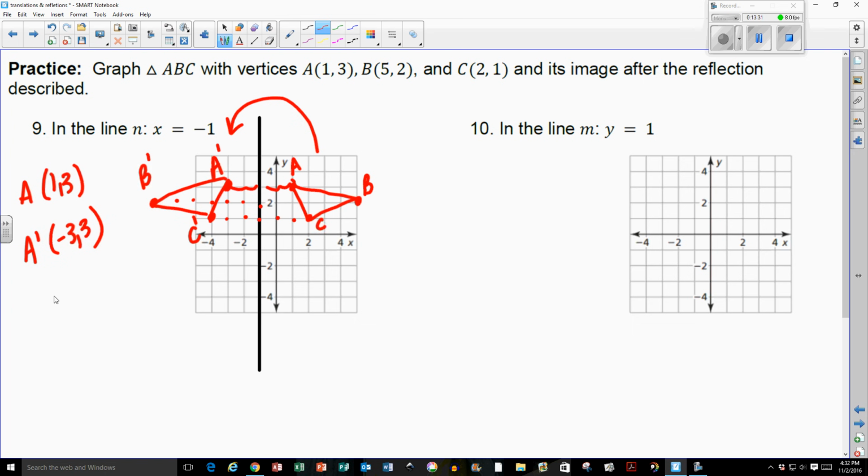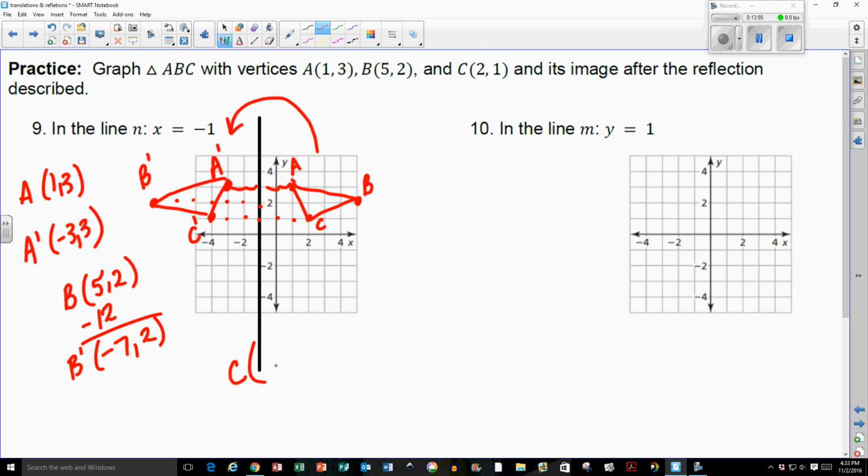So you double however far you are. B is located at 5, 2, and we said B was 6 away, so we went 6 backwards, so let's go 12 backwards. So negative 7, 2 is where B prime is at.